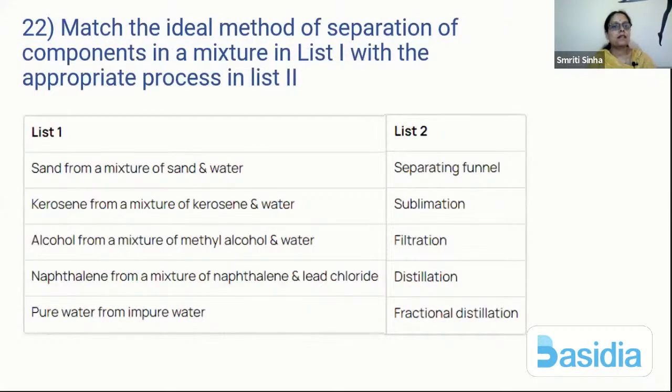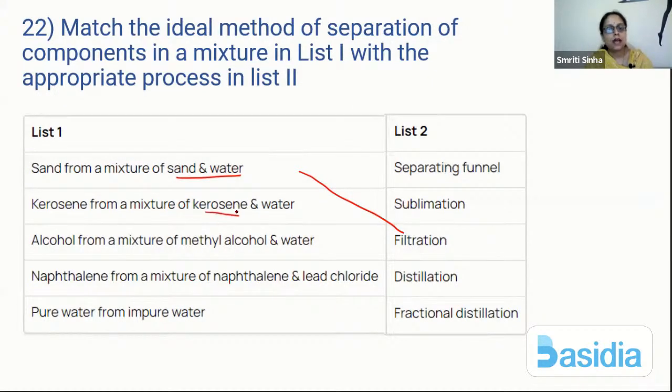Next, match the ideal method of separation of components in a mixture in list 1 with list 2. The first, sand from a mixture of sand and water. If you want to separate sand from a sand and water mixture, you need to do filtration. Next, kerosene from a mixture of kerosene and water.